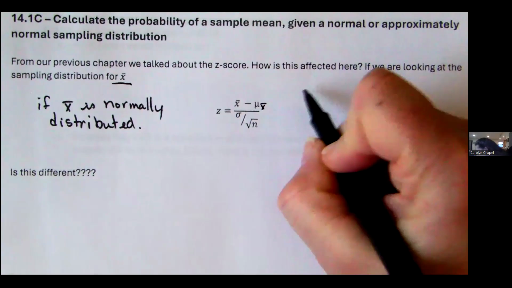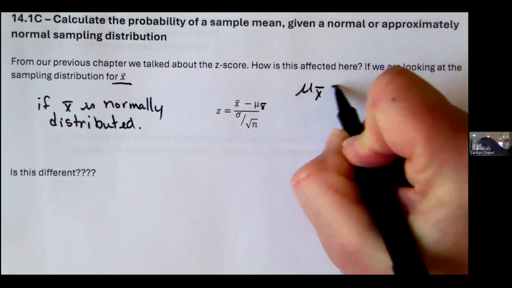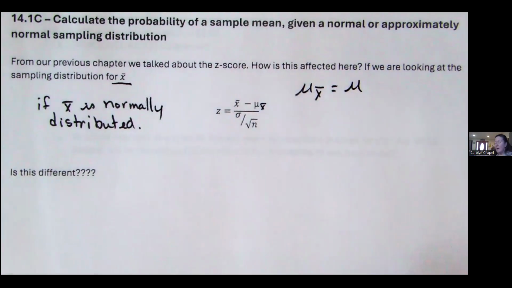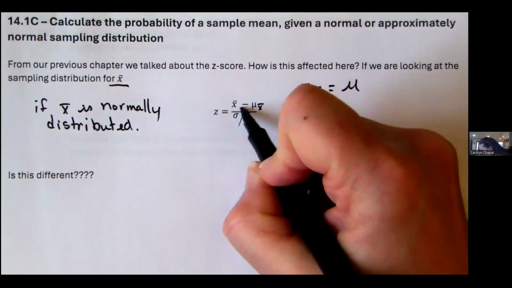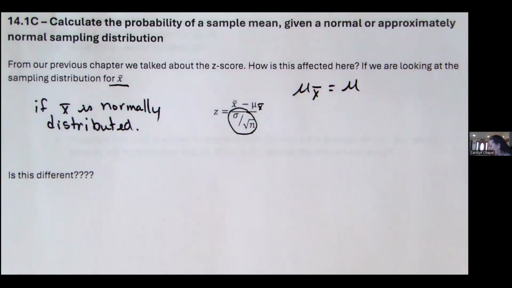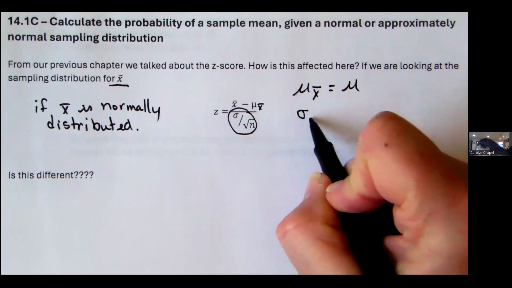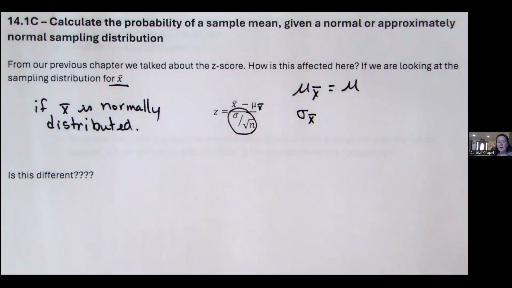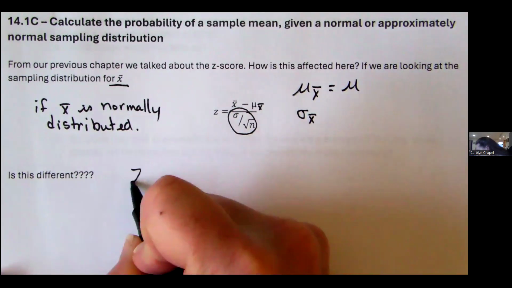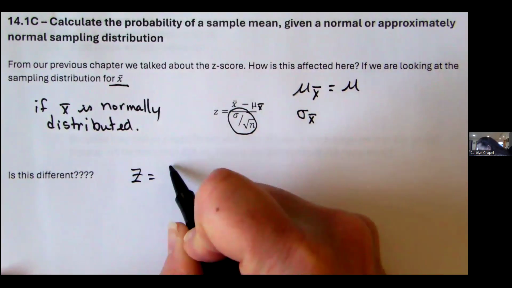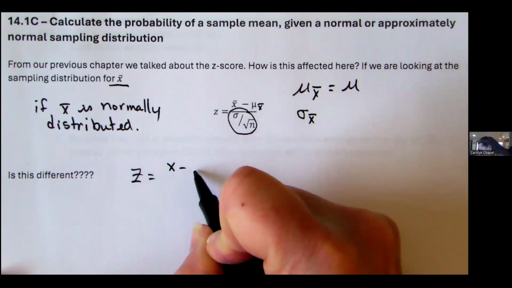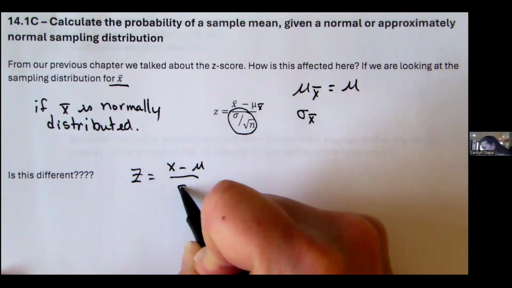But again, remembering mu of X bar is equal to mu. And notice down here, we have that sigma over the square root of n. Is this different? Actually, it's not. If you remember our z-score, it's our data value minus the mean over the standard deviation.